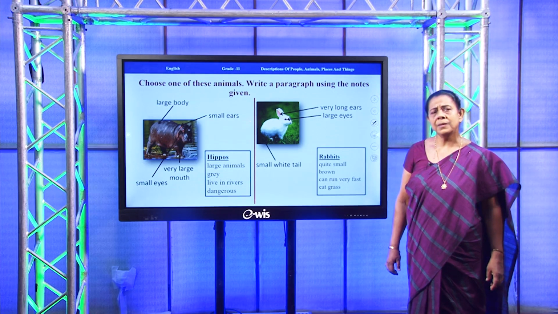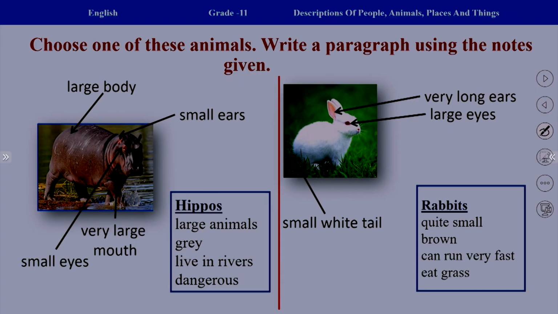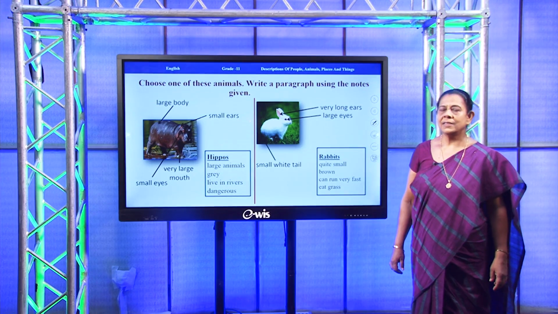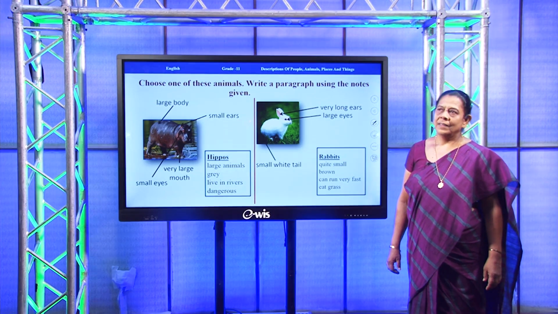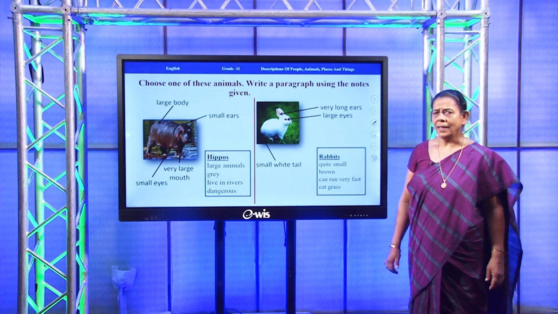So how are you going to write the description? You have to use the clues given. It's easy for you, children. Yes, there are 3 animals: rabbits, hippos and giraffes. Yes, shall we select giraffe? Okay?